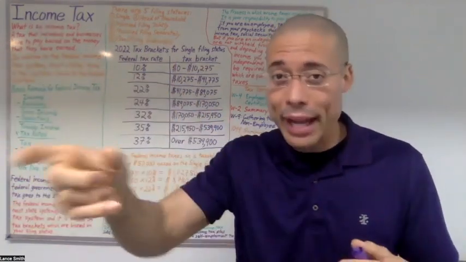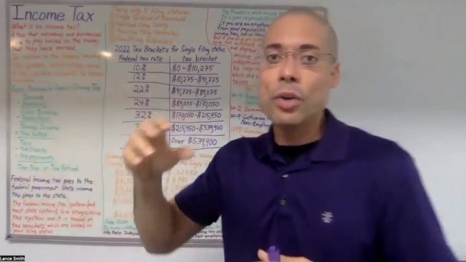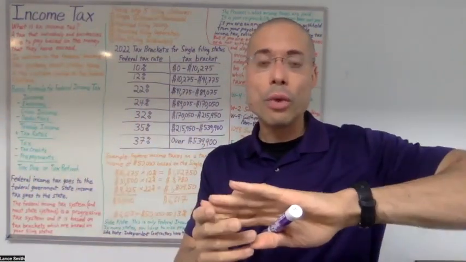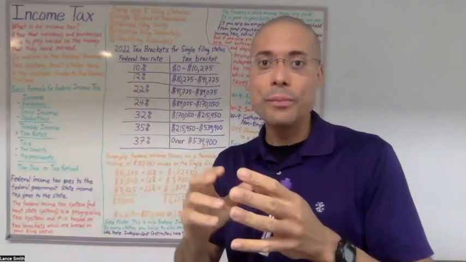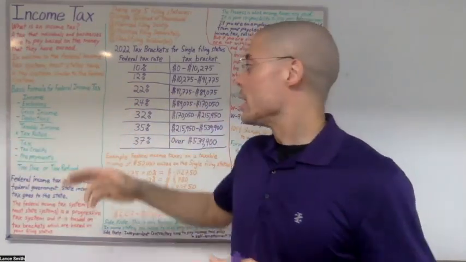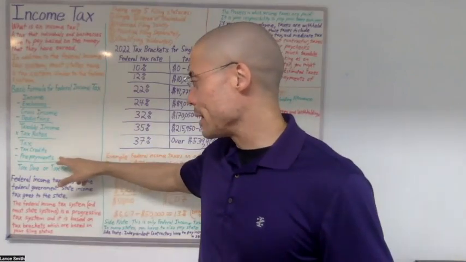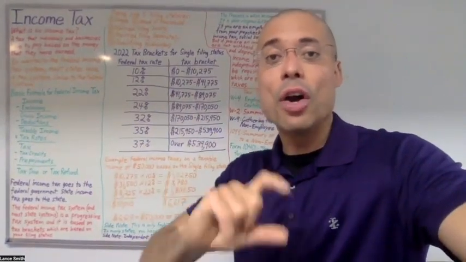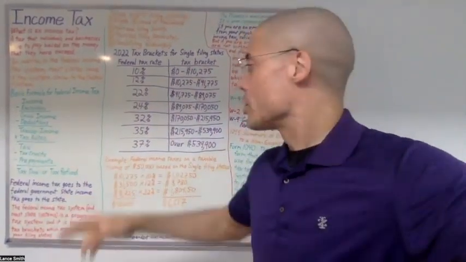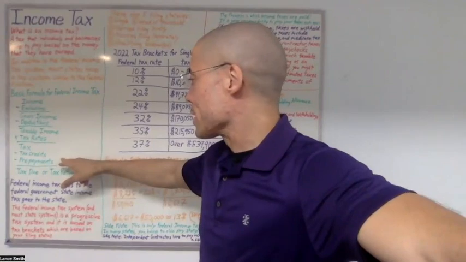So either you're an employee who has been prepaying through withholdings, or you're self-employed and have been prepaying through estimated taxes. So you subtract off your prepayments, basically the tax amounts that you have already paid.